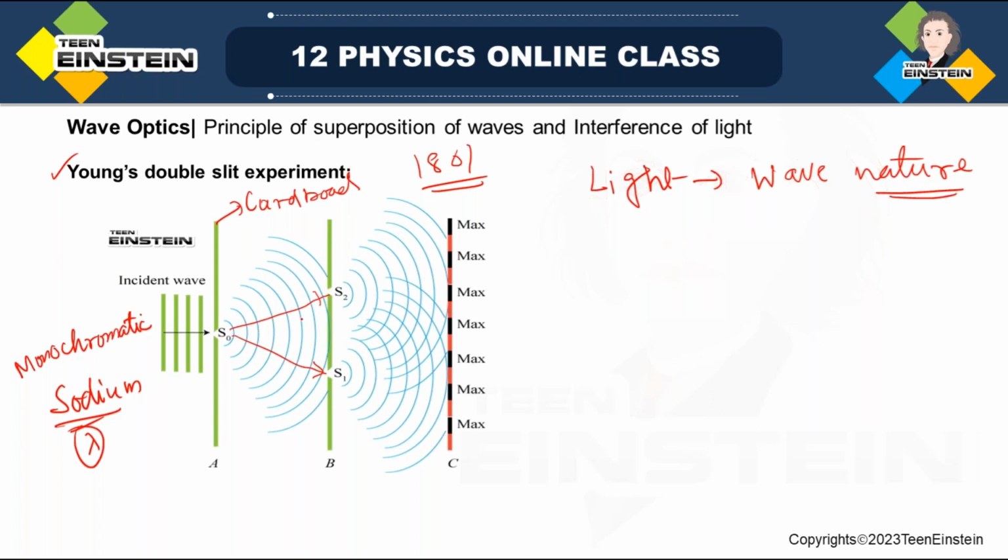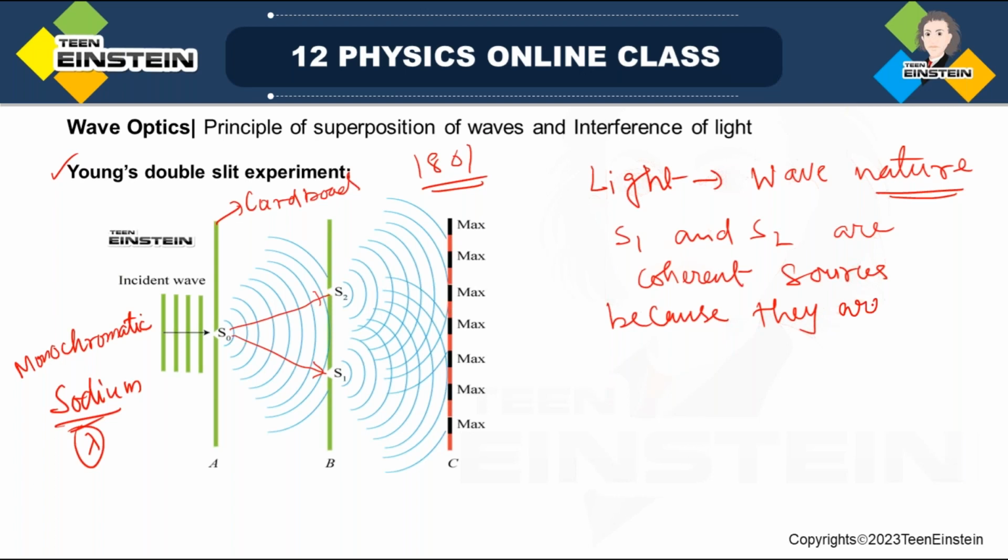So S1 and S2 are coherent sources, because they are illuminated by the same source.